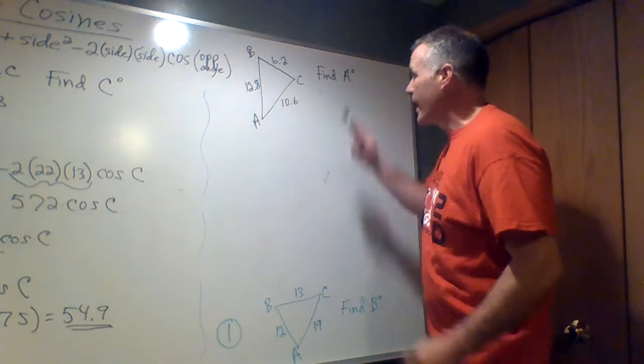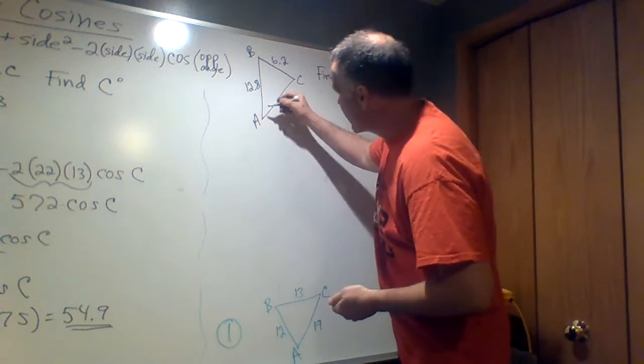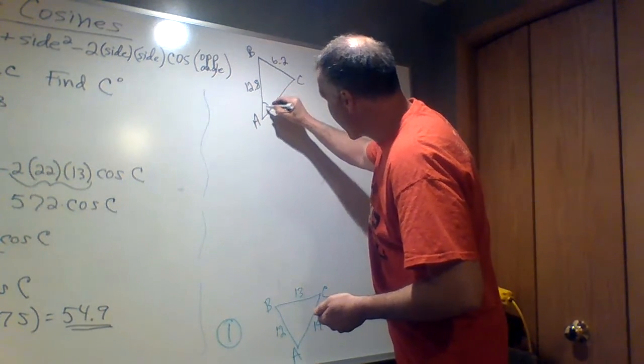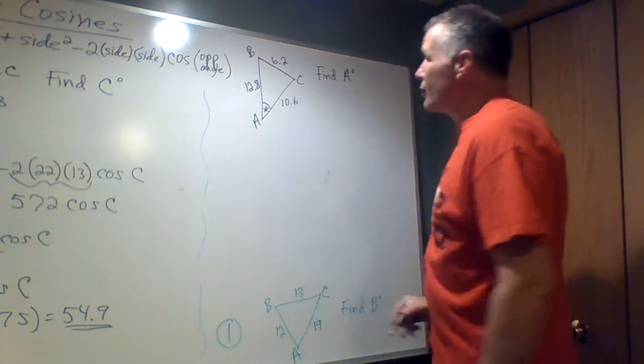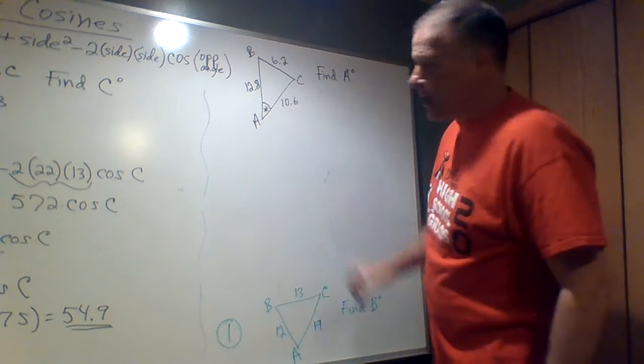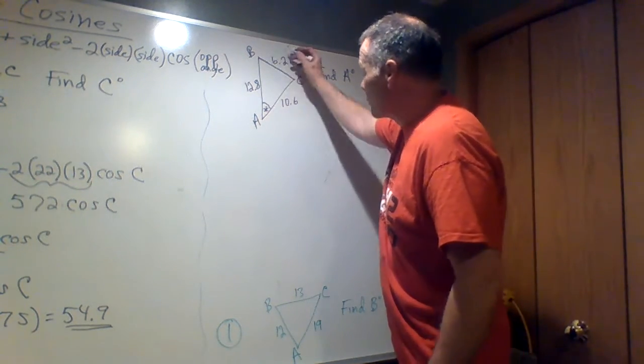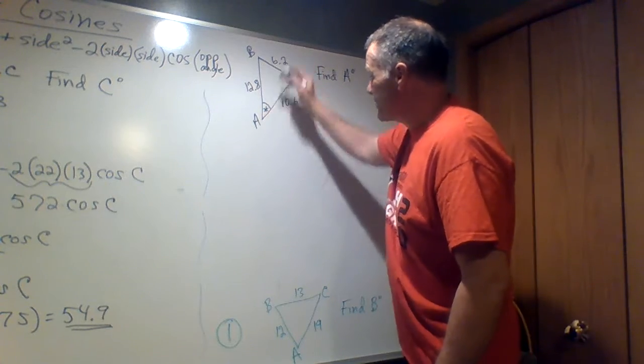I'm finding angle A this time. So we're down here, angle A. The side across from angle A, which remember goes first, would be 6.2.